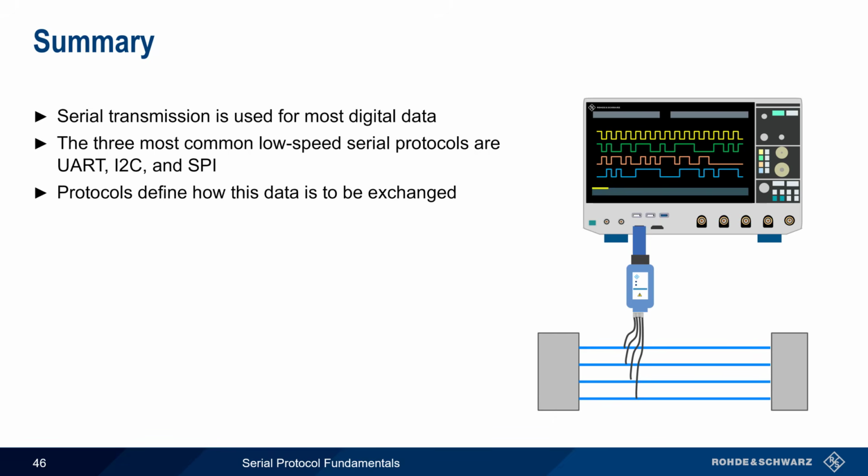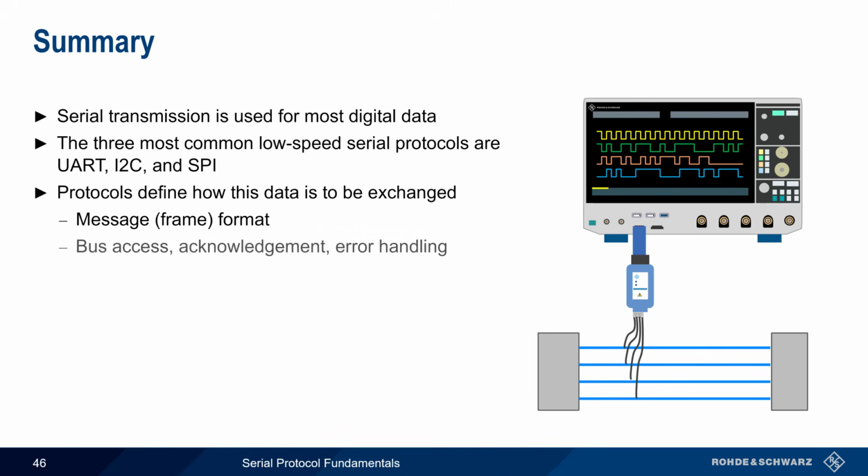Like all protocols, these define how data is exchanged. This includes message or frame format, as well as tasks such as managing access to the bus, acknowledging data, error handling, etc. Protocols may be asynchronous, such as UART, but as we saw with I2C and SPI, higher bus speeds generally require a shared clock line.